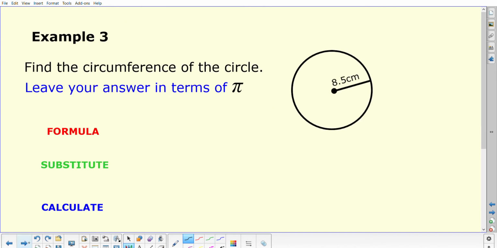Final example we're going to look at, I've already mentioned this, that sometimes you're asked to leave your answer in terms of pi. Now clearly the information you've been given in this question is the radius, so the radius is equal to 8.5 centimetres. We've been asked to work out the circumference.